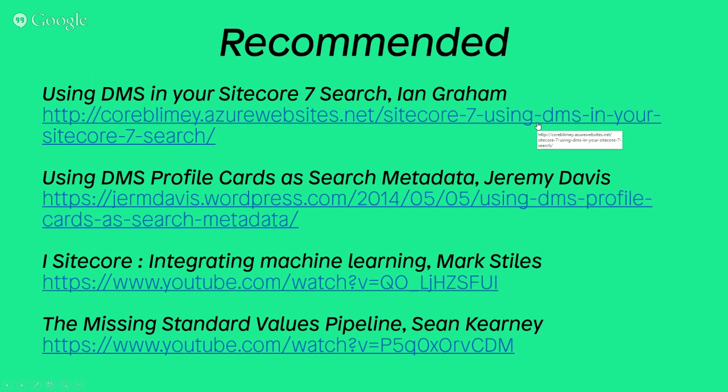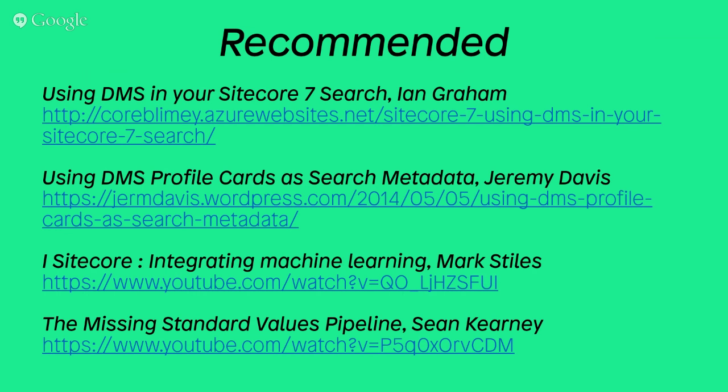And also Jeremy Davies wrote using DMS profile cards as search metadata quite some time ago as well. And in that, he actually talks about, I think, parsing the XML manually rather than using that tracking field like I did, which I said is more efficient. The third item in the list is IA Sitecore Integrating Machine Learning by Mark Stiles.